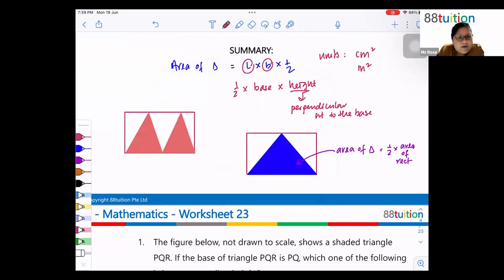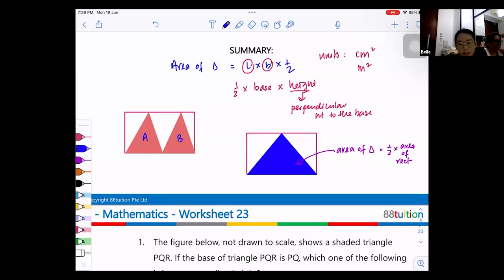What can you say about the shaded area in relationship to the rectangle? What's the total area of the shaded triangle compared to the rectangle? Raksha? Or is it easier for me to label as A and B? How do I find the sum of the area of the two shaded triangles? Yes, Bella?